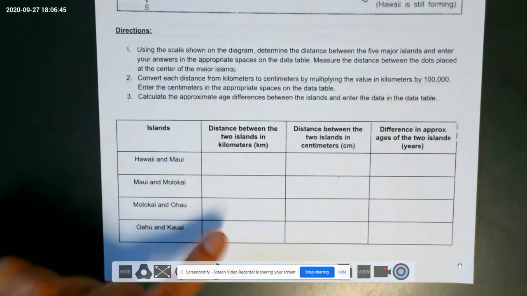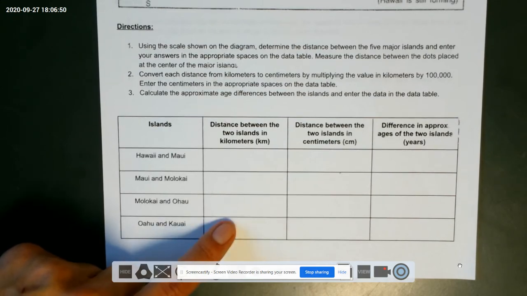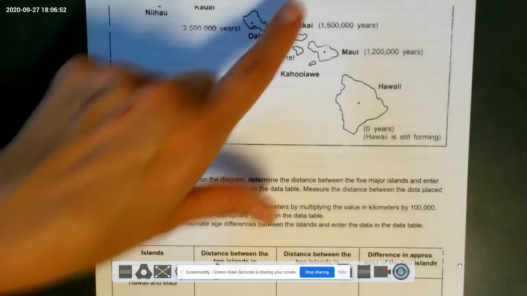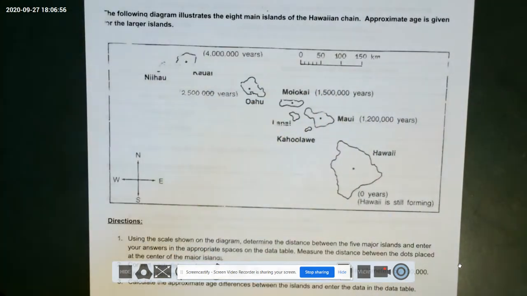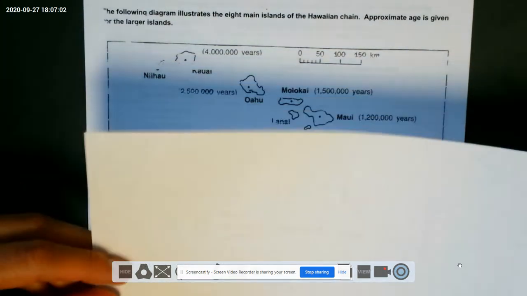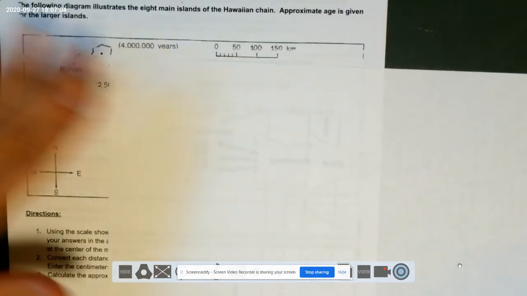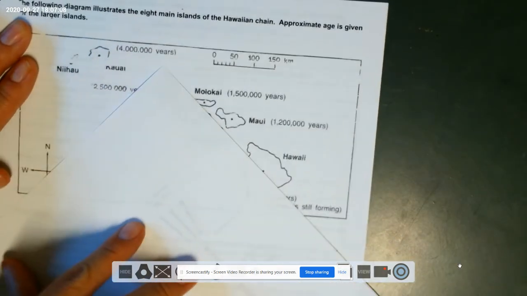And then you can fill out all the data in the document in Canvas. So you don't have to do all the data in this data table if you print it, but some people feel more comfortable printing just this page so they can do the scale. But this works on the computer just the same way you can make the scale. So what I'm going to do to get the scale is I'm going to get a piece of paper that's blank. And I'm going to draw this scale on the paper because I'm going to need to use it as a measuring device.